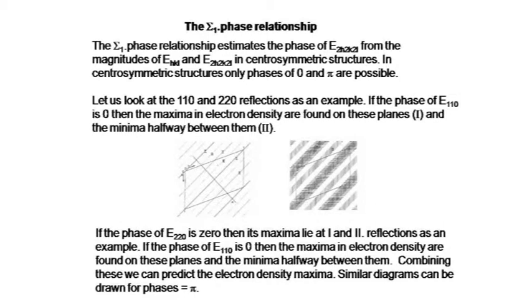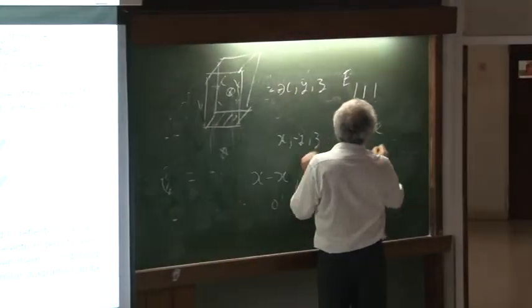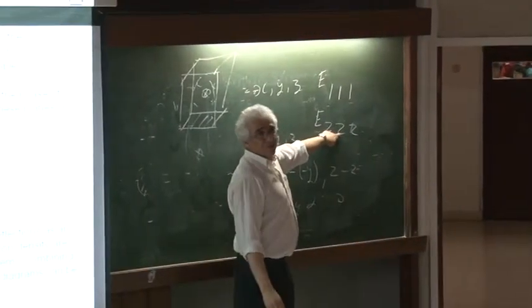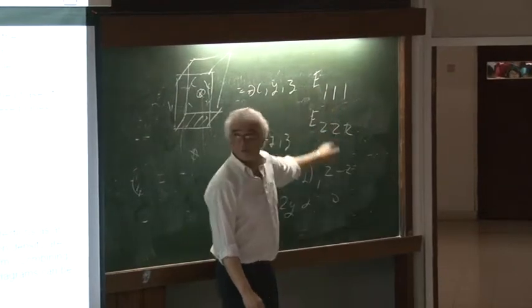So if we've got, for example, 1, 1, 1, F111 or E111, it will try to estimate E222 from E111, looking at the relationships between these two reflections.